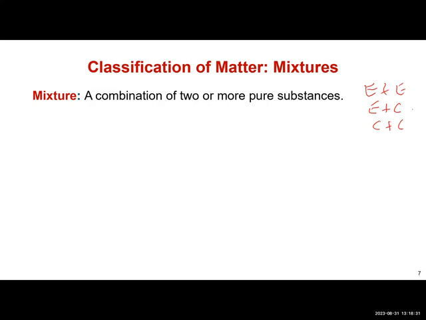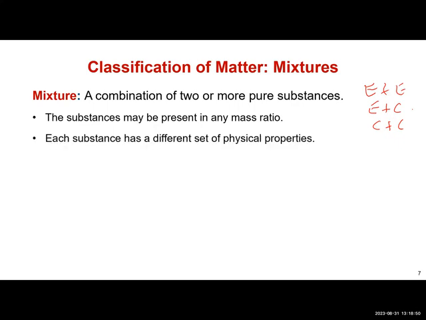So these are the combinations that make up a mixture. These components could be in any mass ratio. Like in a compound, it's not fixed.